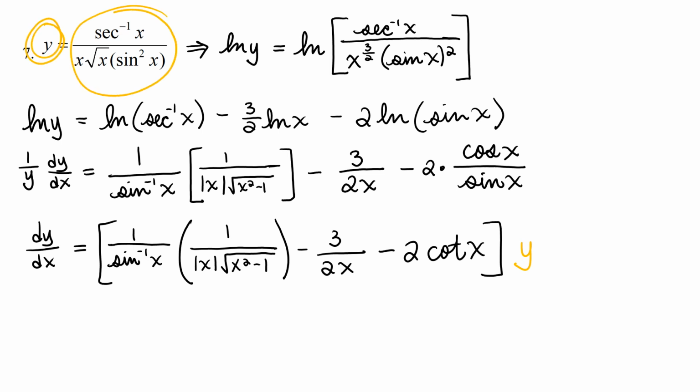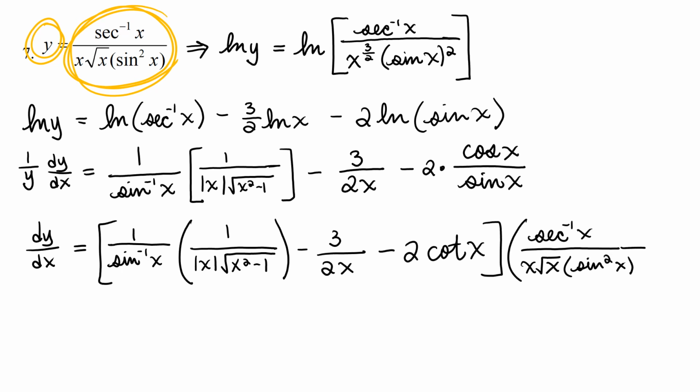Y is equal to this mess. So instead of writing y, I can write what y is equal to. So that'll be times secant inverse of x over x root x times sine squared of x. So this is just my y that I multiply both sides by, and this is the derivative of y with respect to x. That's important.